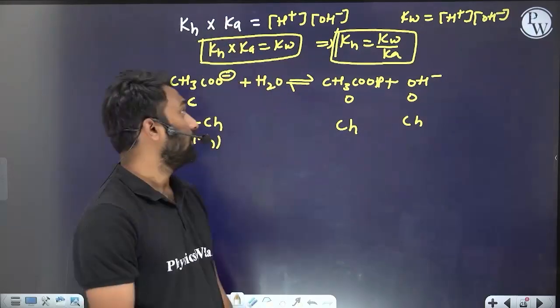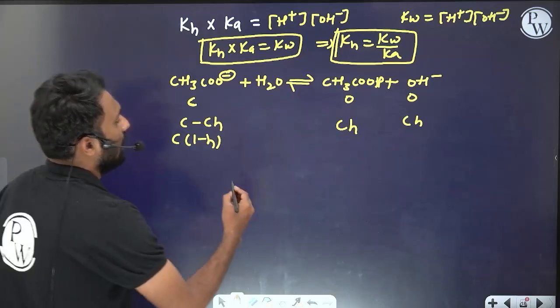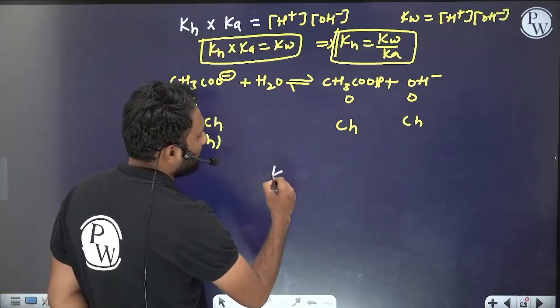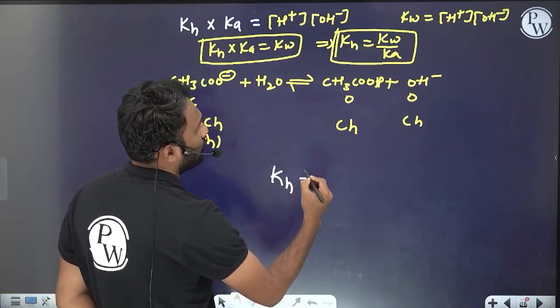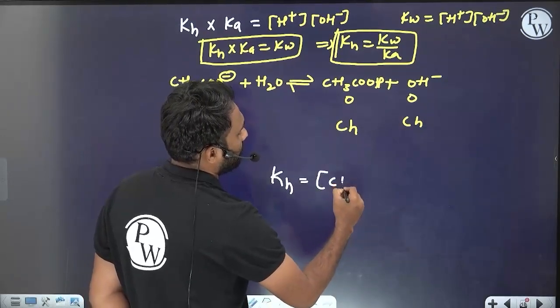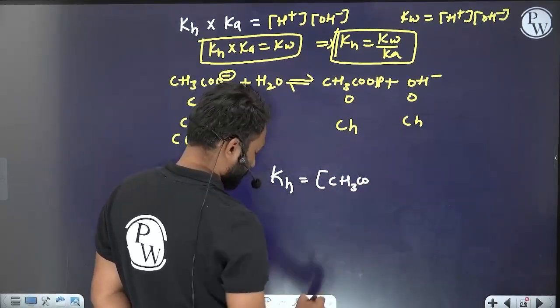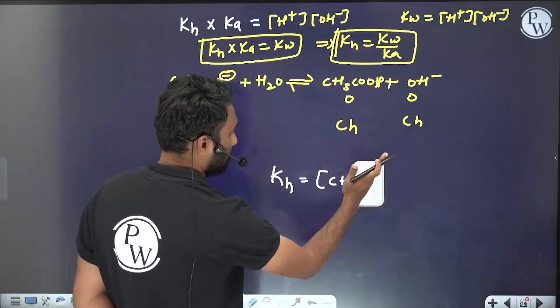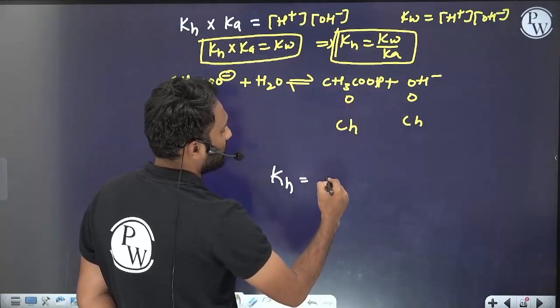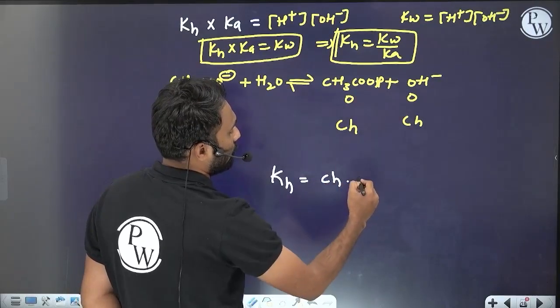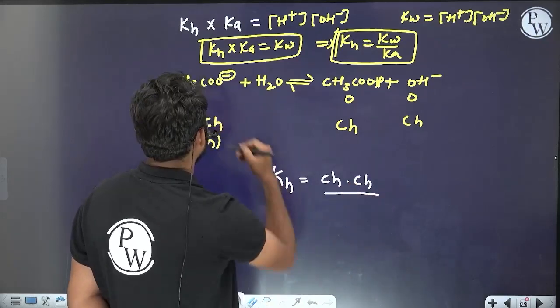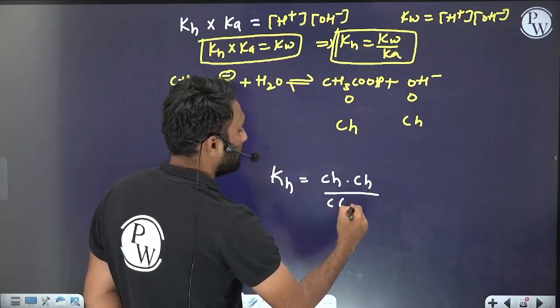Now by this, what will the hydrolysis constant KH be? KH is equal to the concentration of acetic acid, Ch, and the OH, Ch, divided by the concentration of acetate ion, C into 1 minus h.